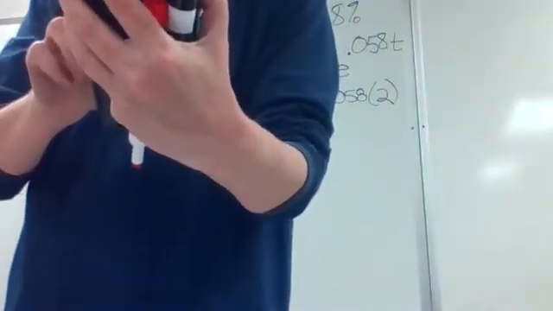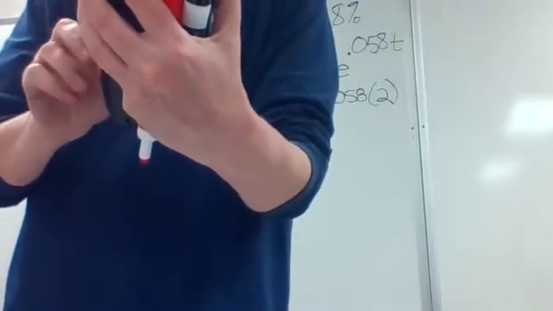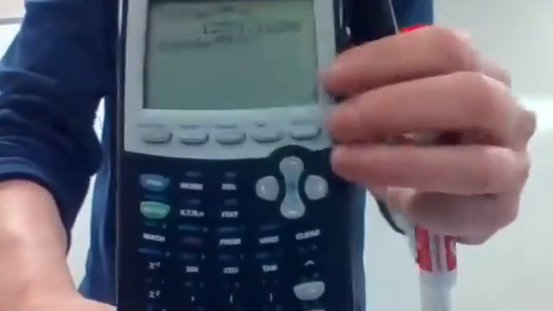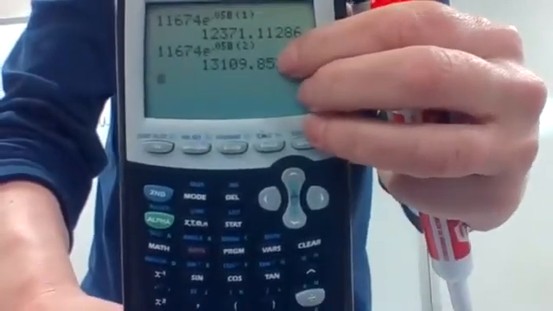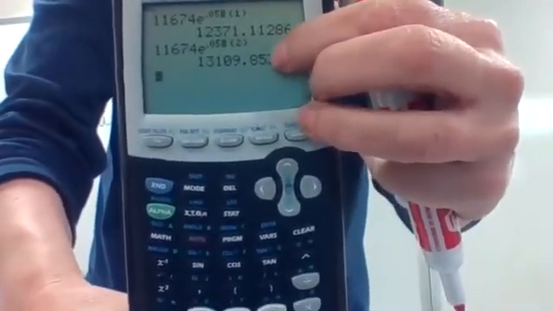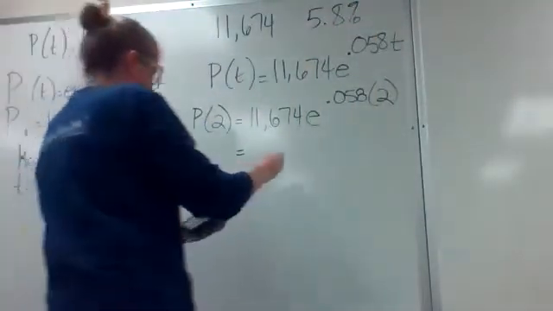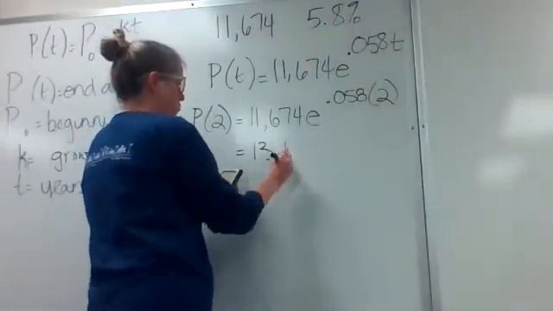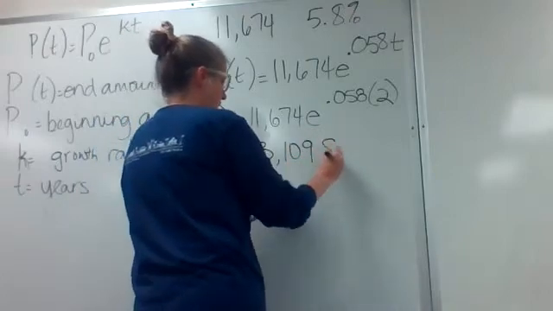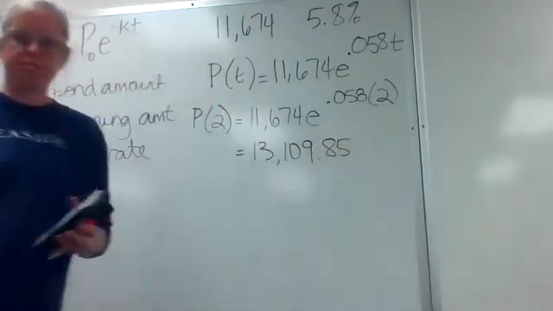Oops, that's not in. And again, round it to 2 decimals. So after the 85 cents is a 3. So I just don't need to round up. So after 2 years, I'll have $13,109.85.